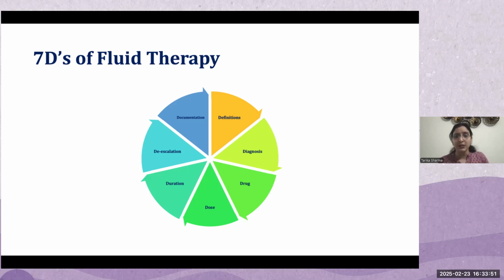Then diagnosis: depending on the definitions which have been set, the patient will be diagnosed for the need of fluid replacement or not, and depending on those diagnoses, the drug, which is the fluid, will be prescribed, keeping the five principles of prescription in mind. The dose will be set as per that, and the duration will be set as per the need of the patients.